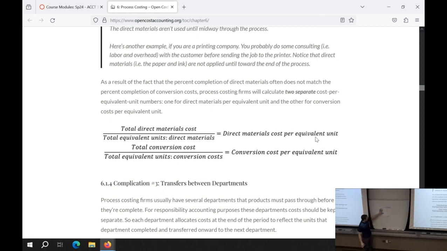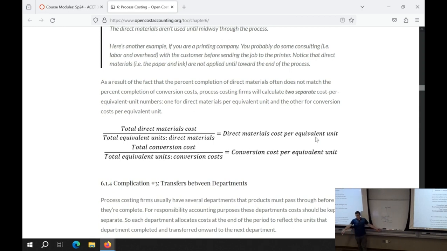So we have this work in process. We know we have incurred a certain amount of direct materials costs and direct labor and overhead costs, the conversion costs. We know we've incurred these. Yeah, that's easy to trace. That's already there for us. What we don't know is how much of this goes here and how much of it goes here.